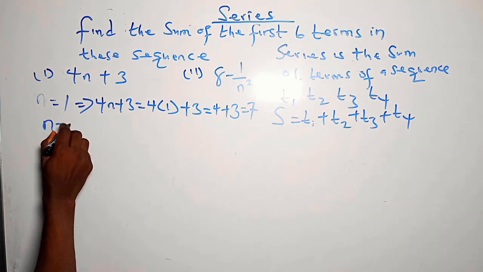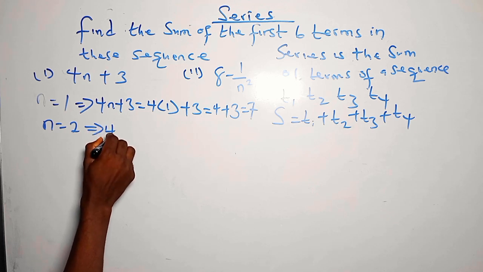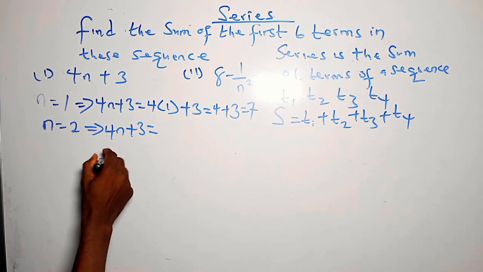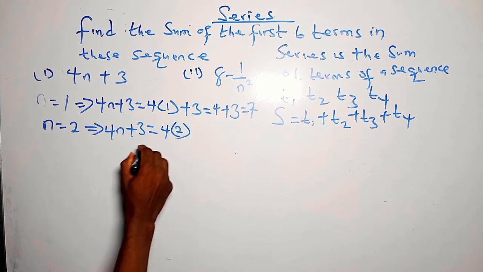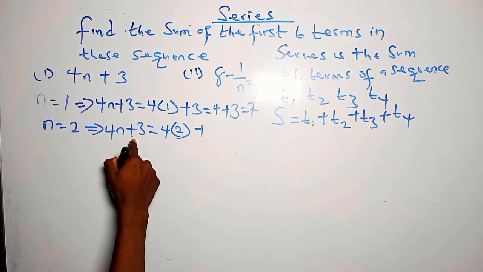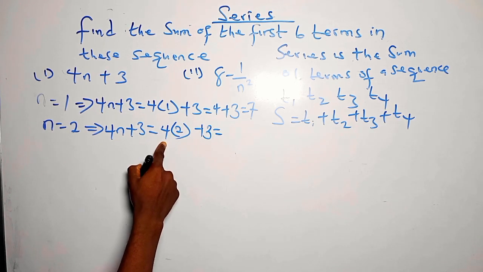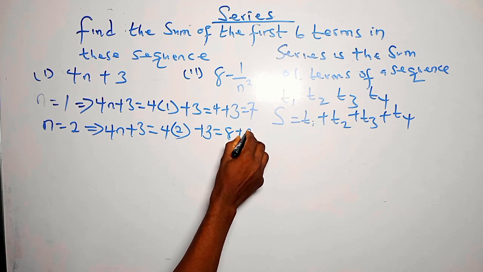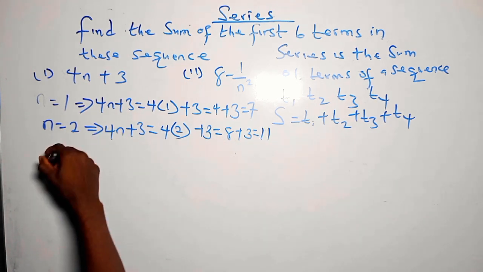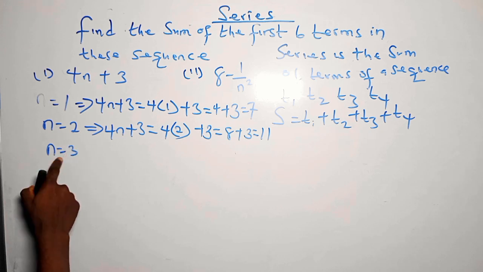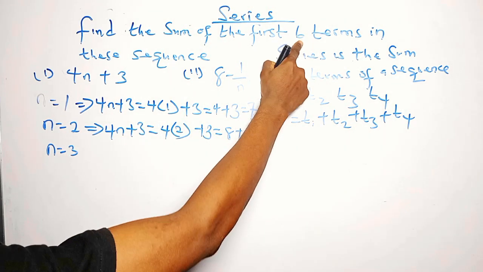When n is 2, still using the same sequence, we have 4 times 2, plus 3. 4 times 2 is 8, plus 3 is 11. When n is 3, we move on till we get to 6.